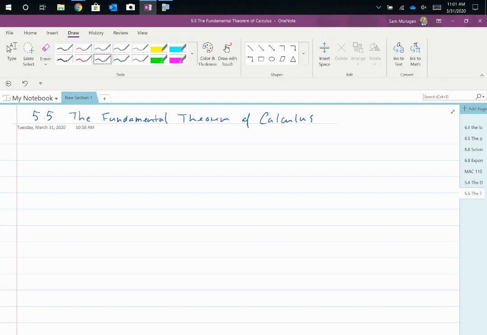And this is simply numerical computations of the derivative.